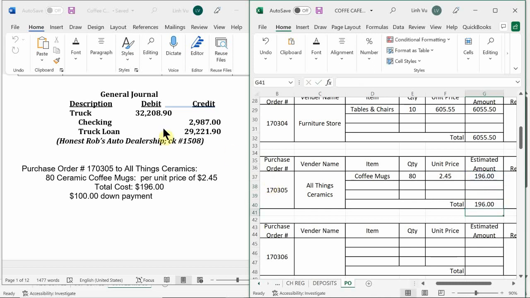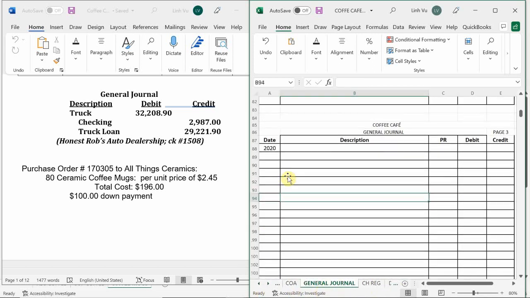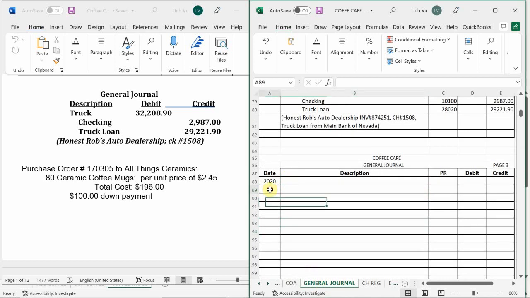Okay. So here you go. Here's our purchase order number, which is 170305. Okay, so that one is going to be proof that we made a prepayment, or a down payment.